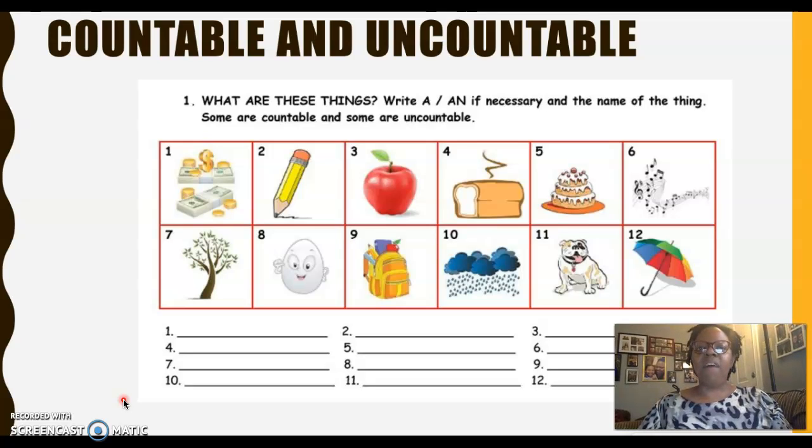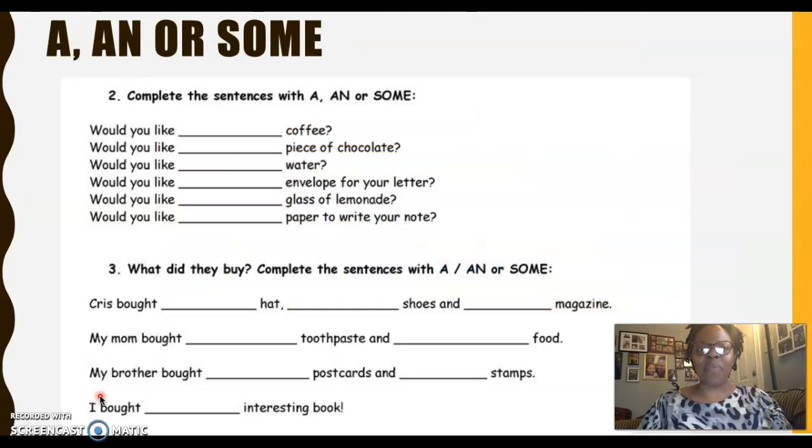Here we have other options, and you are going to practice using a or an if it's necessary, and then tell the name of what the items are. So you can take a moment to answer those questions by pausing the video. You can pause the video on this.